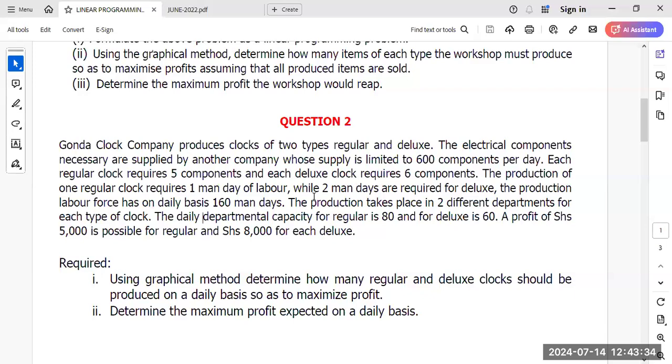We have two variables. These are decision variables. At the end of it all, we want to know how many correspond to regular and how many correspond to derivative. So we can now define them for question 2.